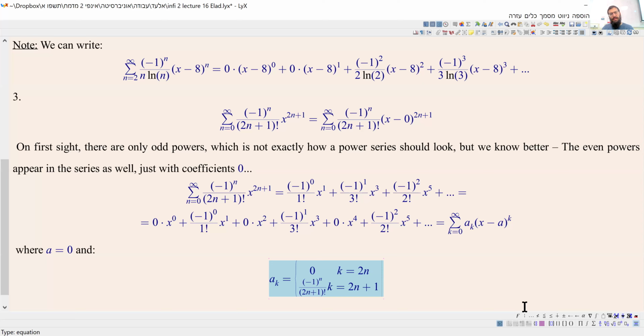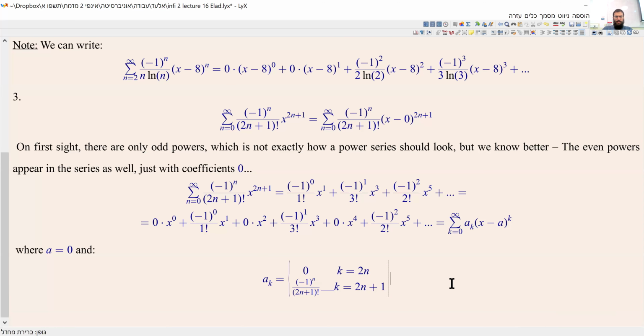One can do something like that probably, sine of pi n over 2 or pi n plus 1 over 2 or something. But there's no need for that.